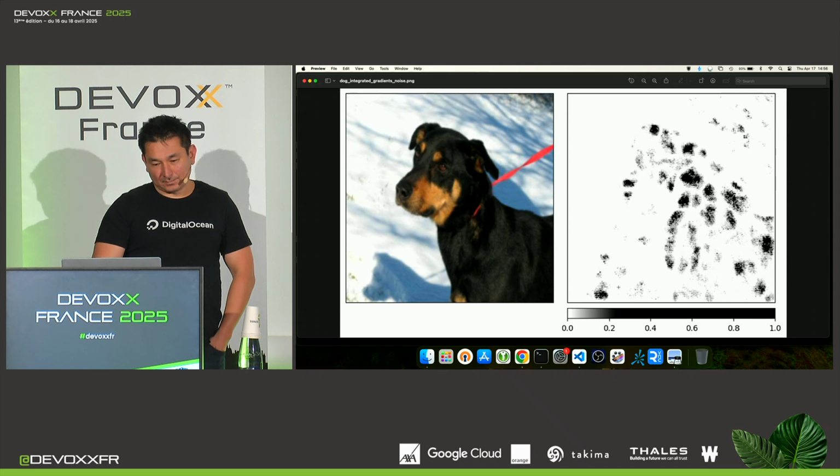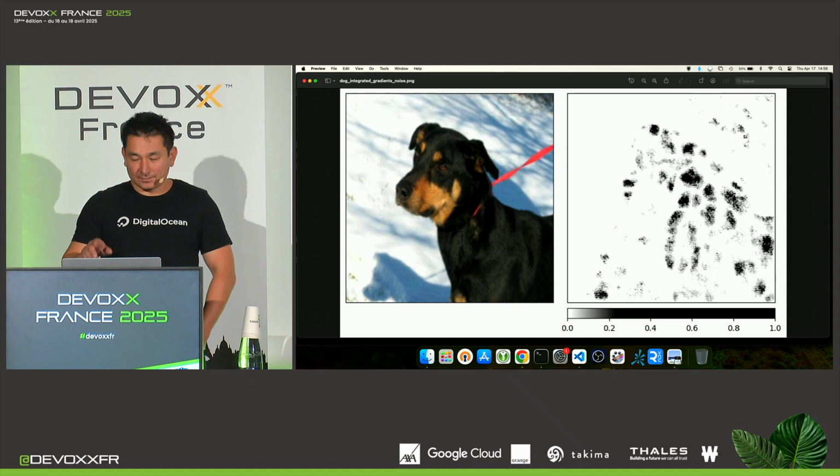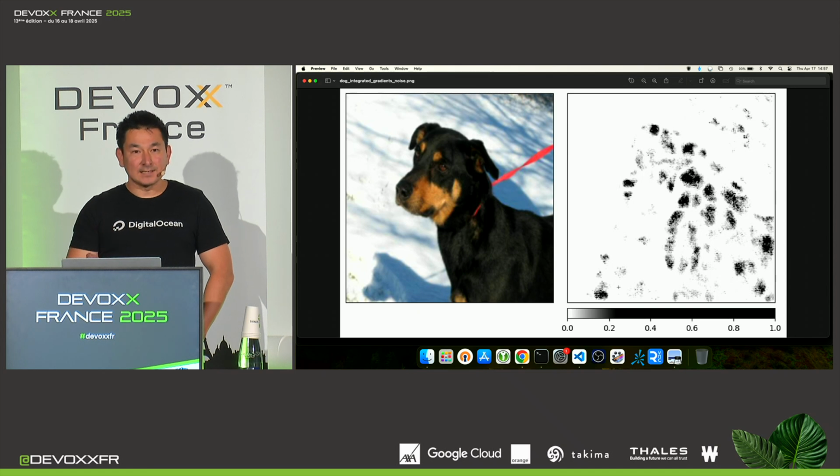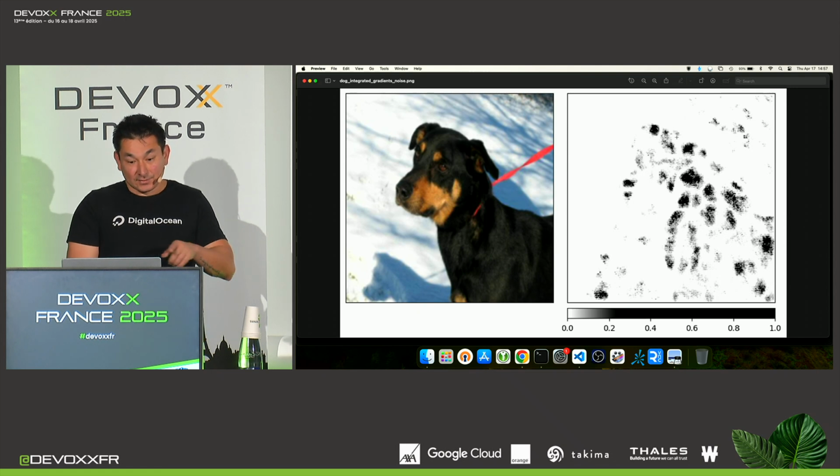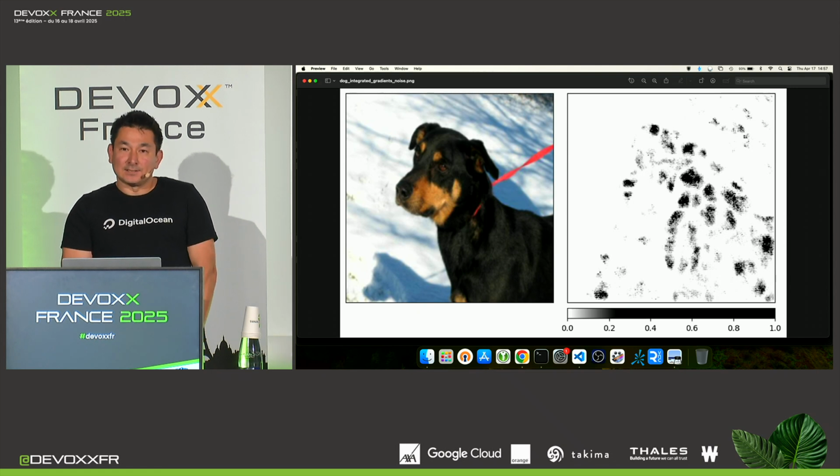The original picture is on the left, and all the attributes of that image that the ML classification model considered indicative of a dog are highlighted on the right. You can start to see shapes like the nose, the eyes, and the ears. All of these things positively contributed to this picture getting classified as a dog.